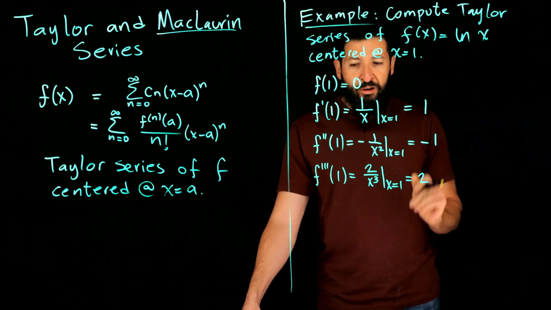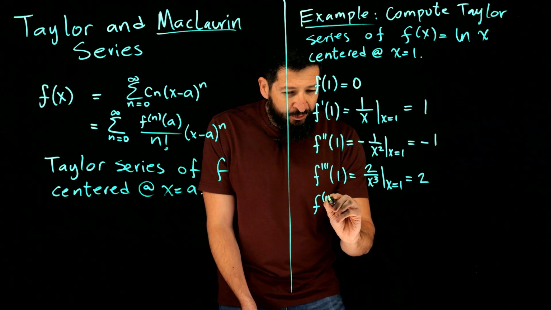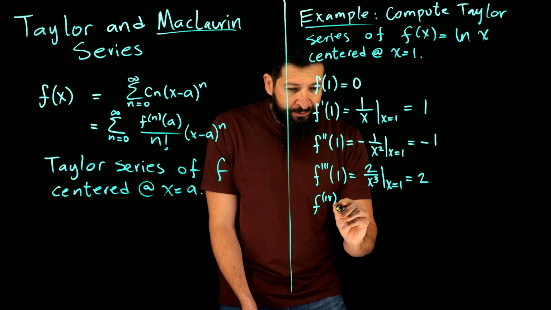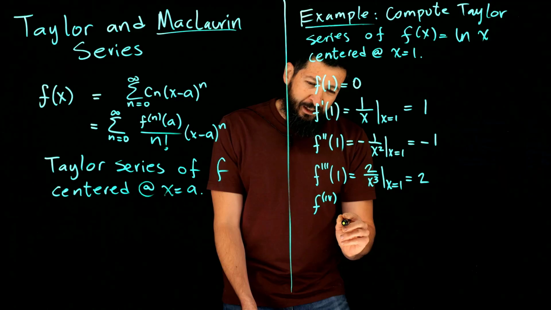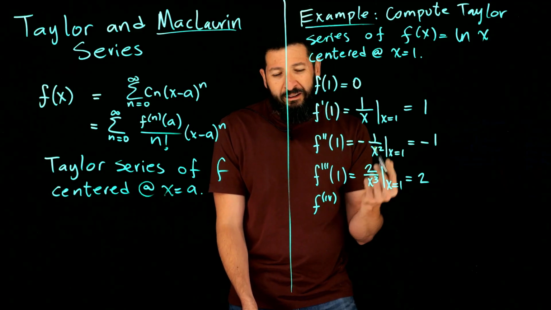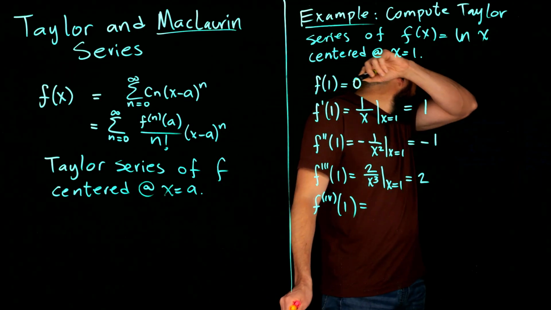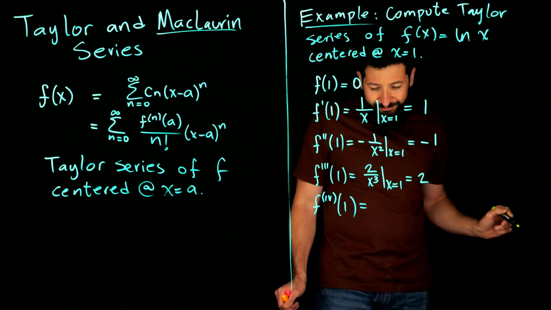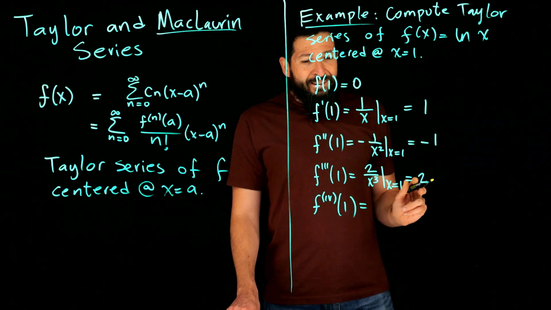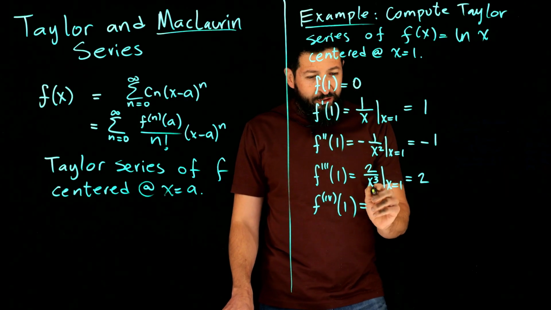And the pattern will start emerging. Let's do the fourth derivative. I think after that we can kind of see what's going to happen. So the fourth derivative at that point, and should I have done Roman numerals or just straight up 4? Anyways, that will be sufficient. All right, so now we're going to take the derivative here.